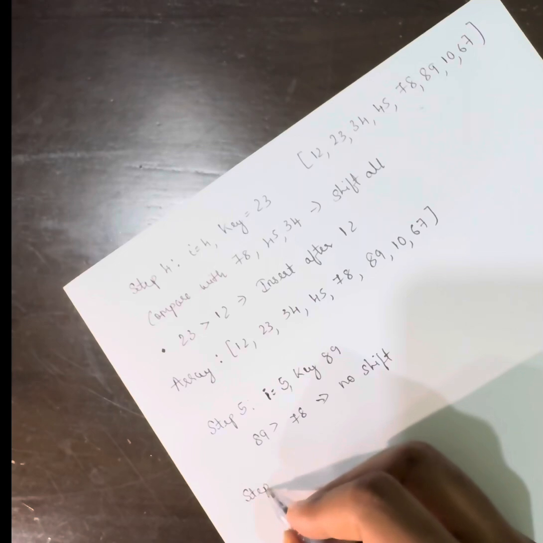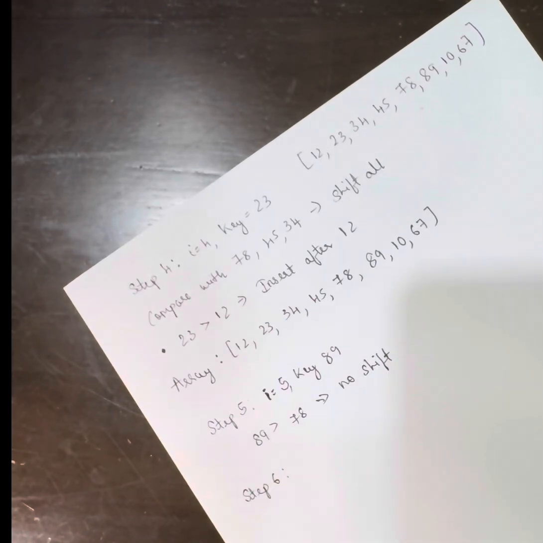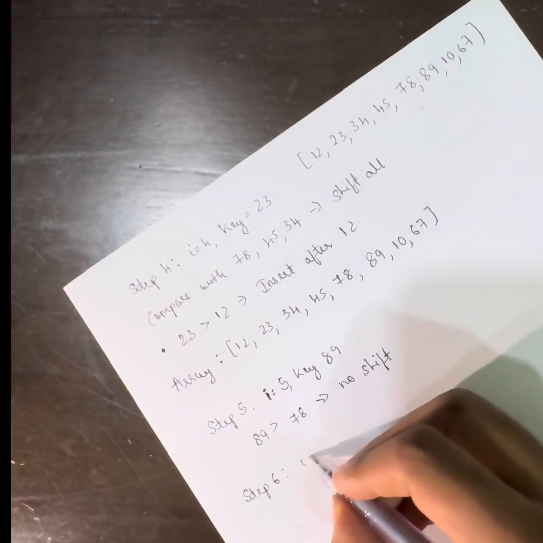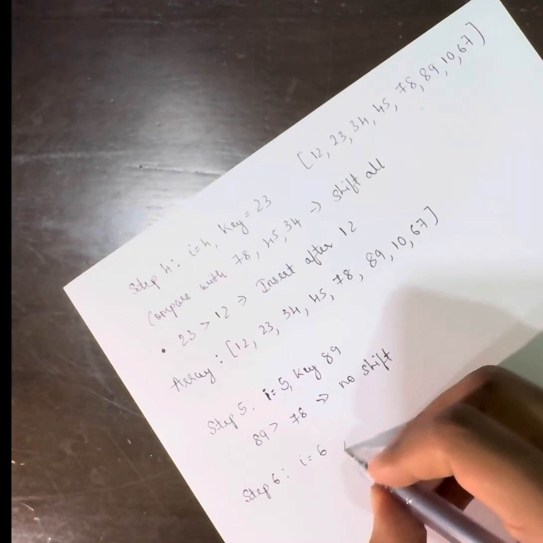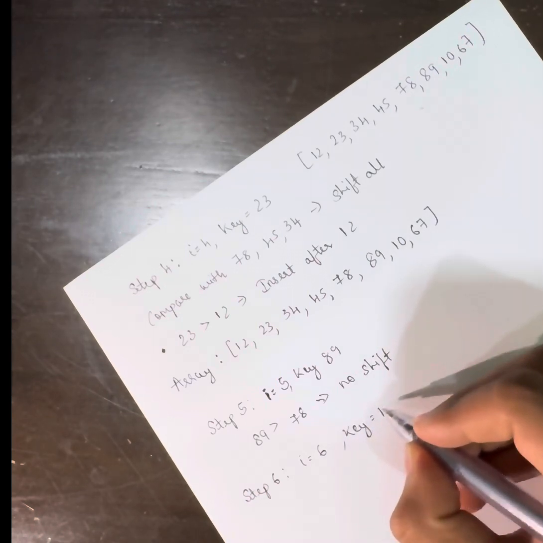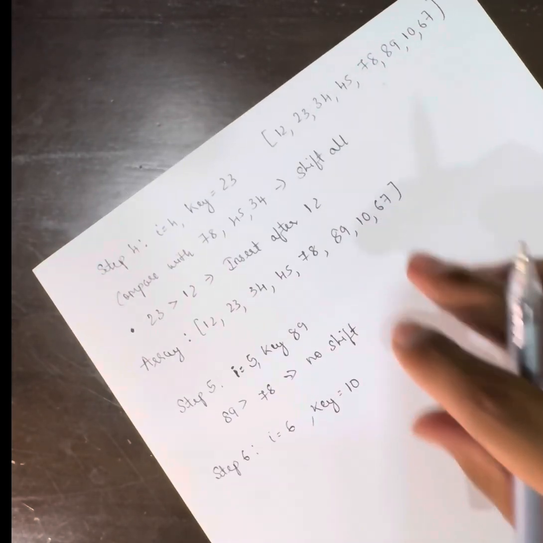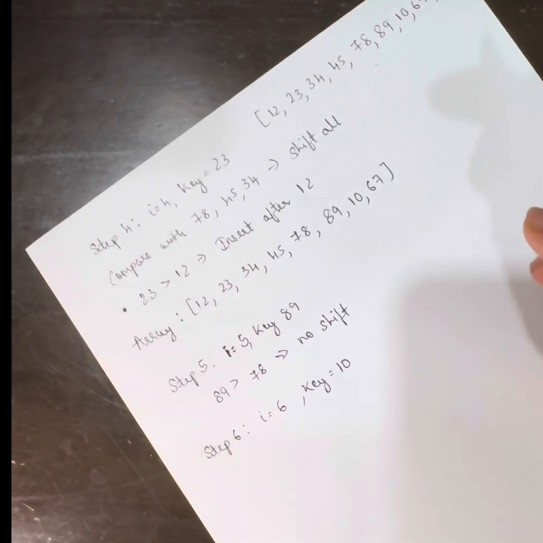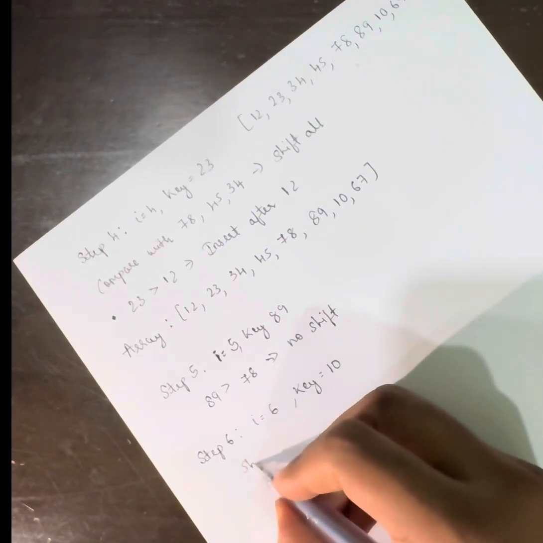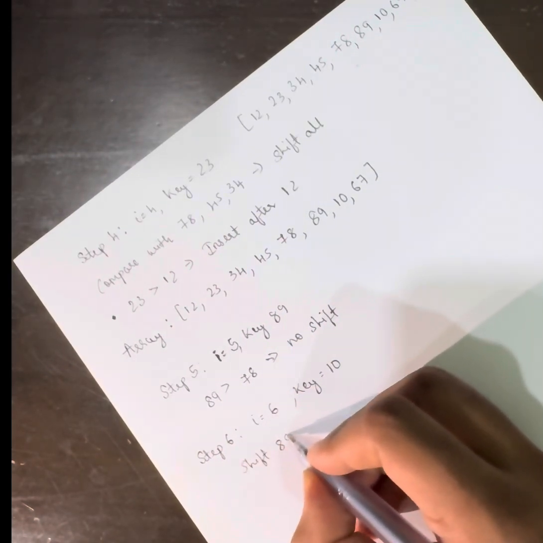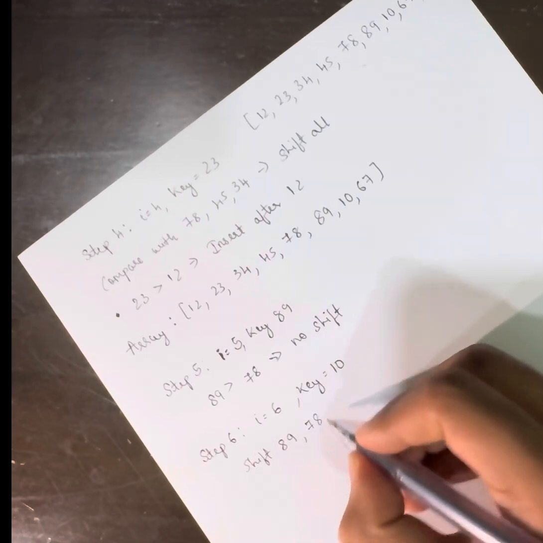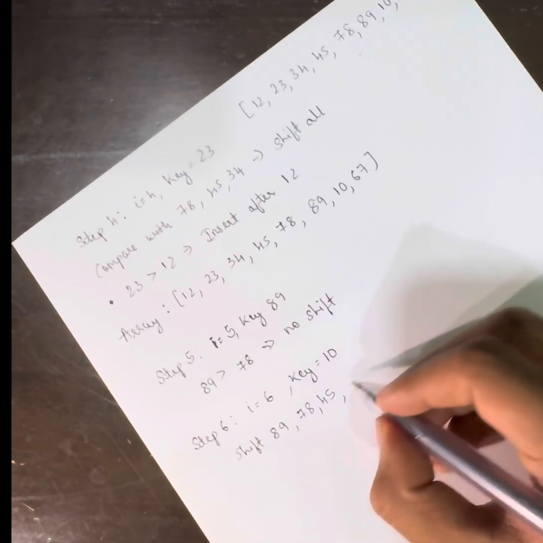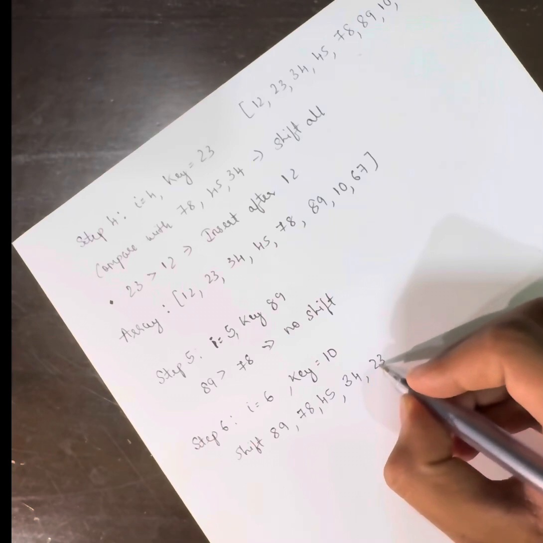Step 6, index is 6, key is 10. Shift 89, 78, 45, 34, 23, 12.